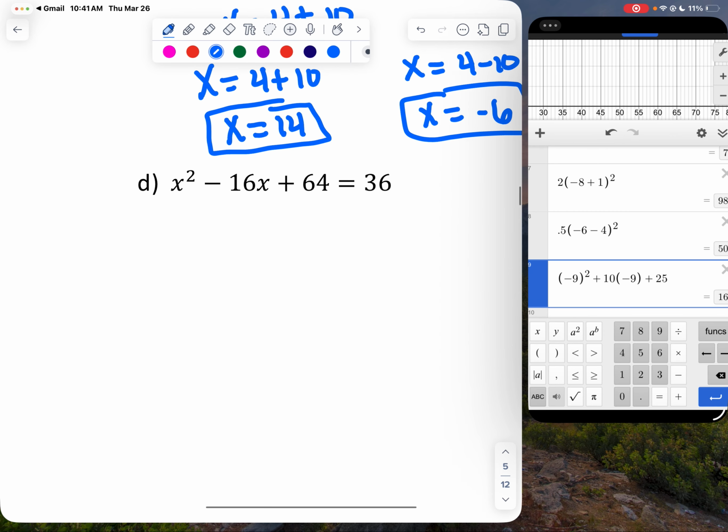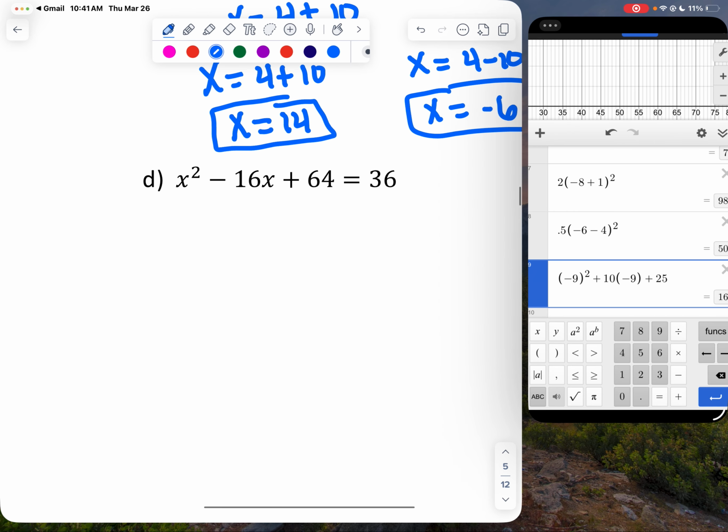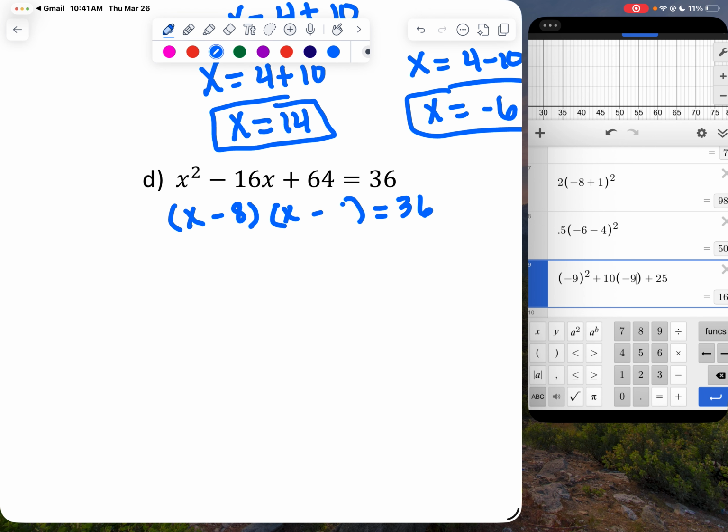All right, problem D. X squared minus 16x plus 64 equals 36. Now I'm going to rewrite this in my factored form. So to get x squared, I would use x times x. To use 64, I would use minus 8 and minus 8. So that could be rewritten as x minus 8 quantity squared equals 36.